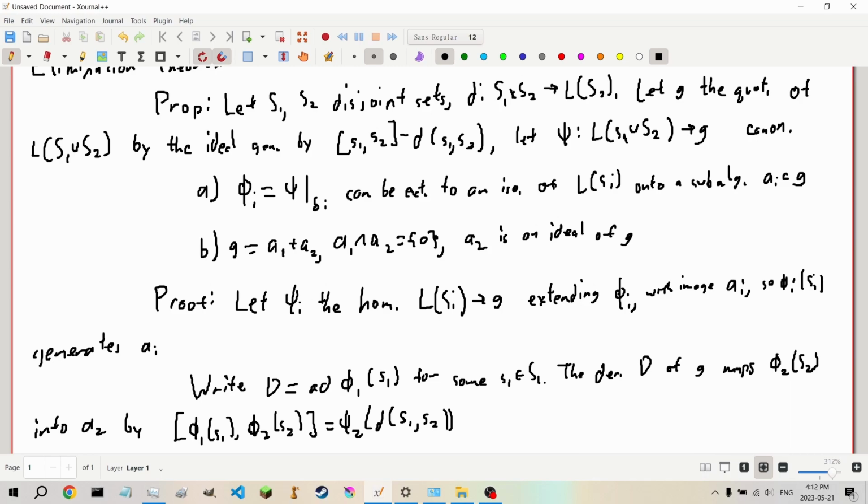As A2, of course, is generated by phi2 of S2, so D of A2 lies within A2.